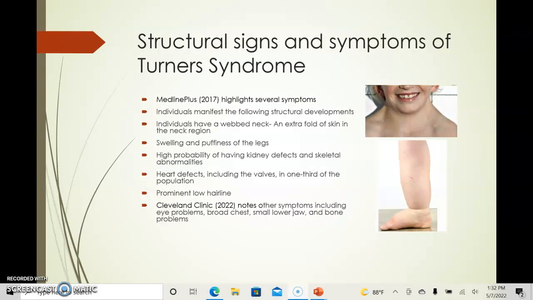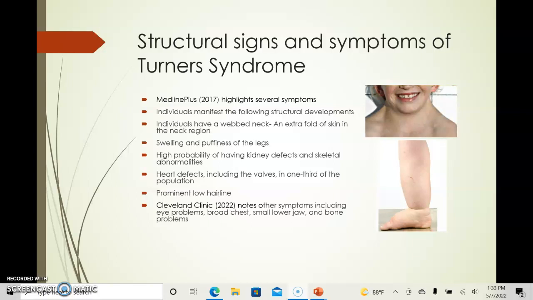The next slide that I'm going to talk to you about is the structural signs and symptoms of Turner syndrome. Individuals with Turner syndrome manifest several structural developments. They have a webbed neck. As you can see in the picture, this young lady's neck is different from the rest of us because of her Turner syndrome.